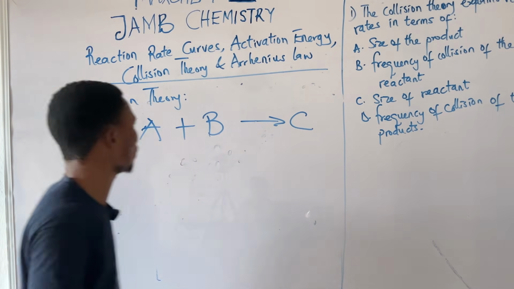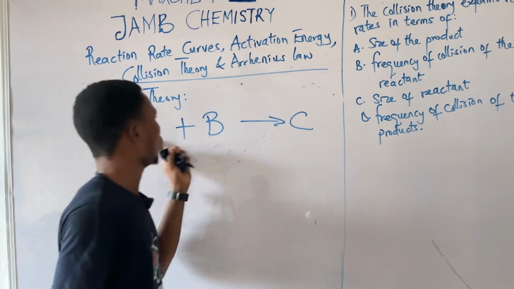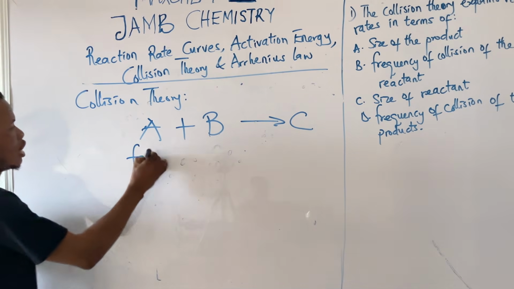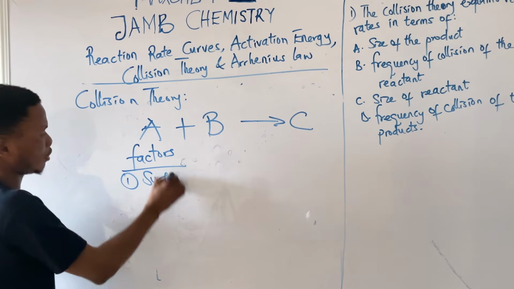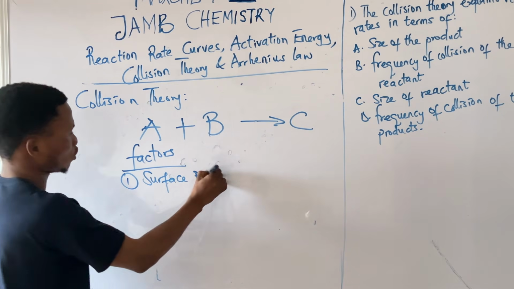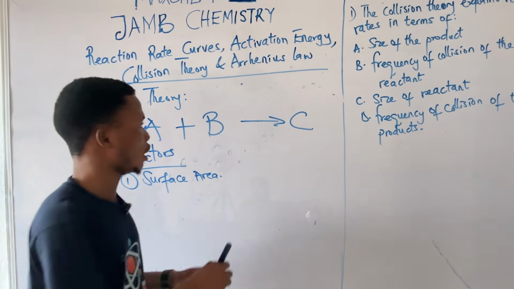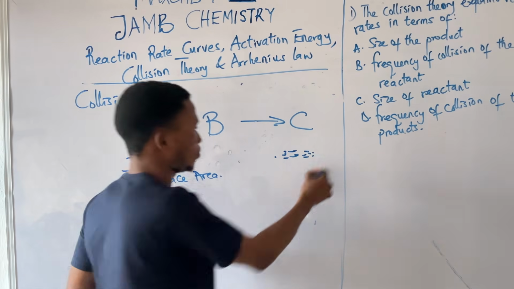It's telling us that there must be collision between the particles of the reactants to form products. So the factors that affect collision: number one, the surface area. You should know small particles will collide faster than big particles.